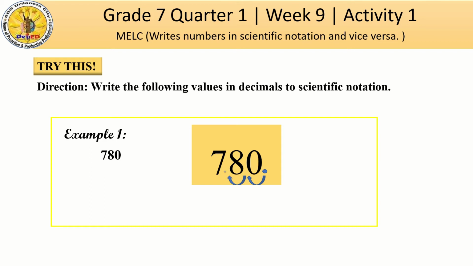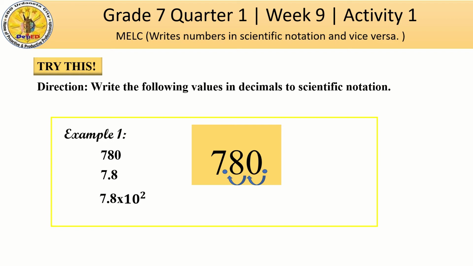We now have 7.8. Ayan, so we write it there para di natin makalimutan. And then the base 10 there is based on the movement of the decimal point. How many movements does the decimal point have?